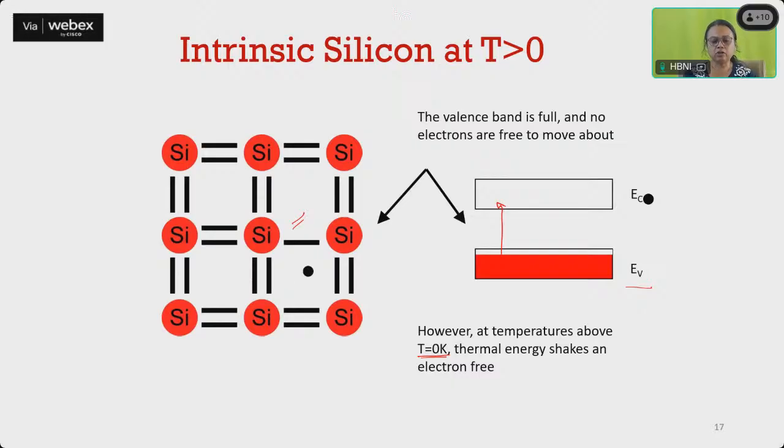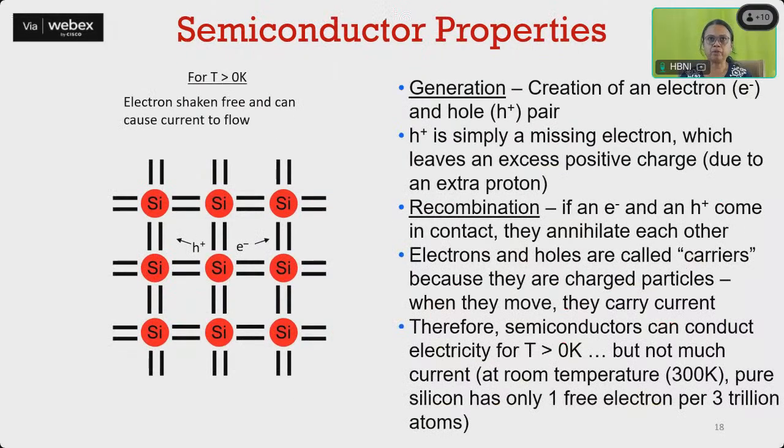At T equal to 0, all the electrons are bonded, but at a temperature greater than 0 Kelvin, the electrons become free and it shows conductivity. But we can make other arrangements to make electrons available in the conduction band, and that is through doping.